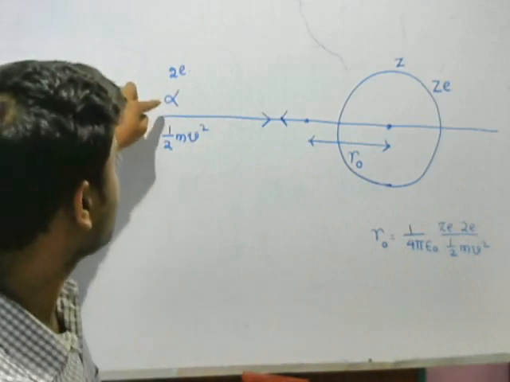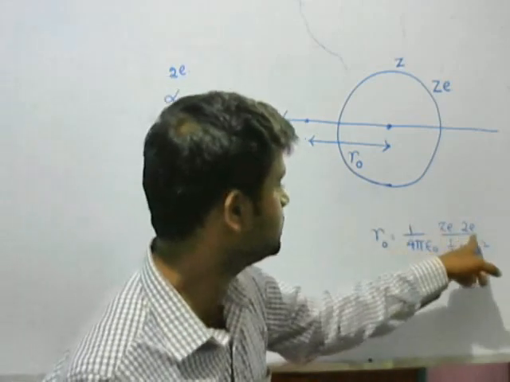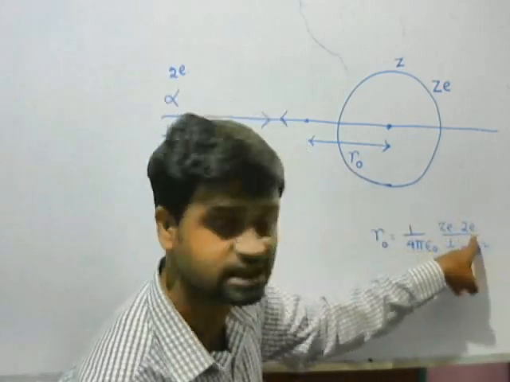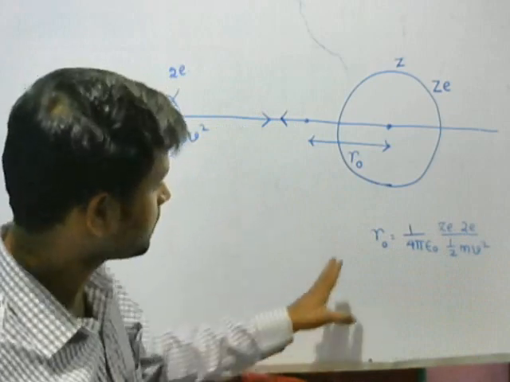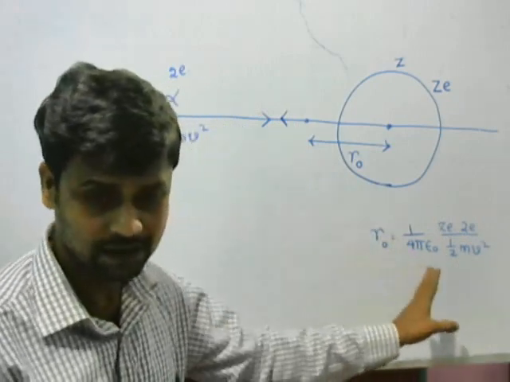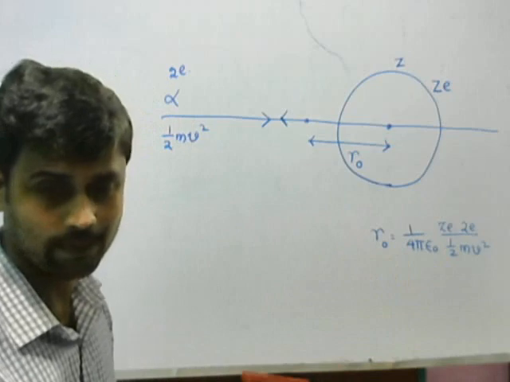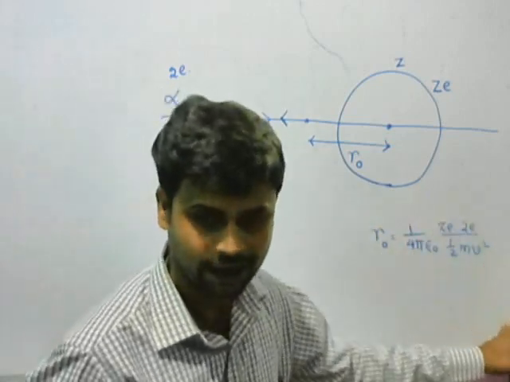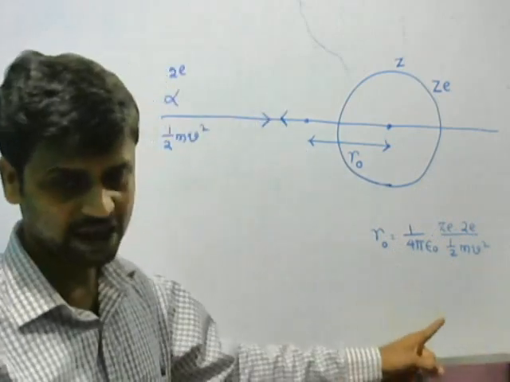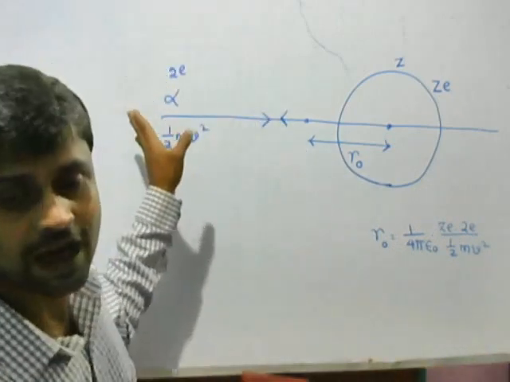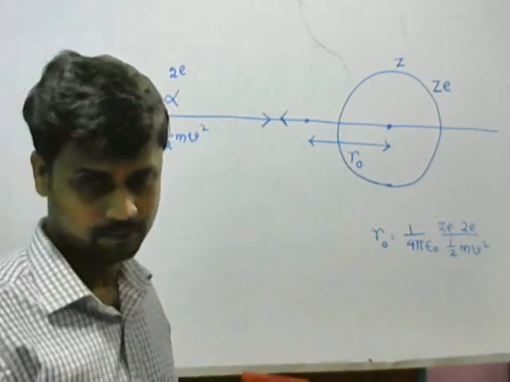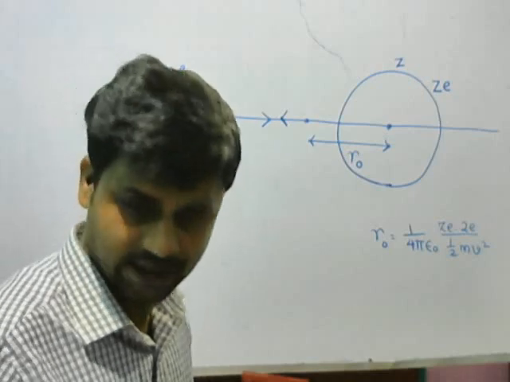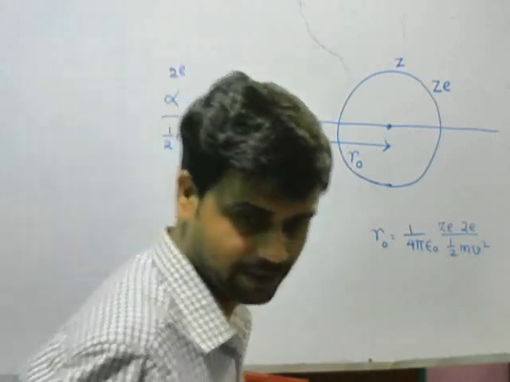Since the alpha particle is taken, its charge is 2e, and if a proton is taken, then the charge is simply e. This is the mathematical expression obtained in the previous class, that is R0 is equal to 1 by 4 pi epsilon 0 into Ze into 2e divided by half mv square. The 2e is taken here because the alpha particle is taken in the experiment. Clear? Then let's discuss impact parameter.